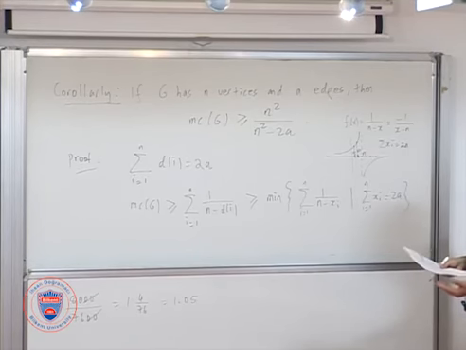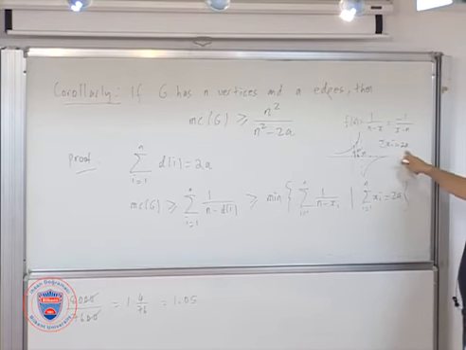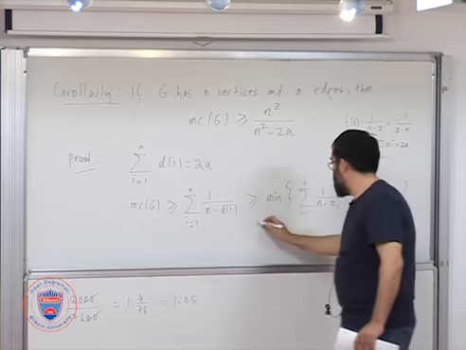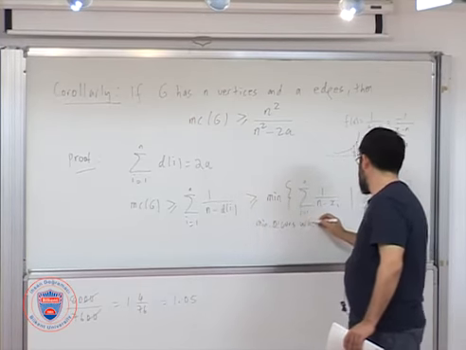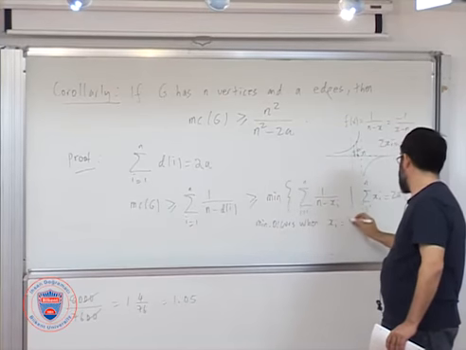According to my notes, the minimum occurs when xi is exactly 2a over n. So the minimum occurs when they're equal distance.